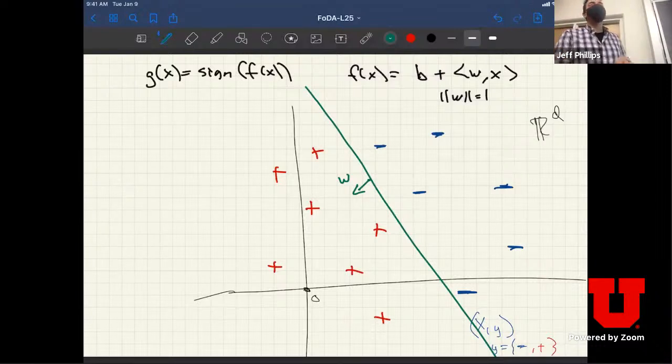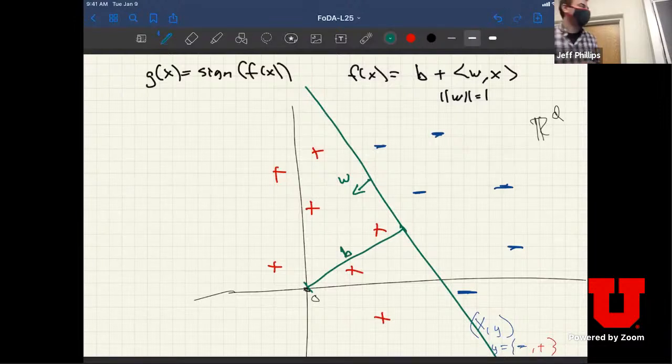The positive points tend to have more negative values, so the dot product is going to be large if I have a smaller value of the coordinates for the positive points. And then B is going to be this length here.